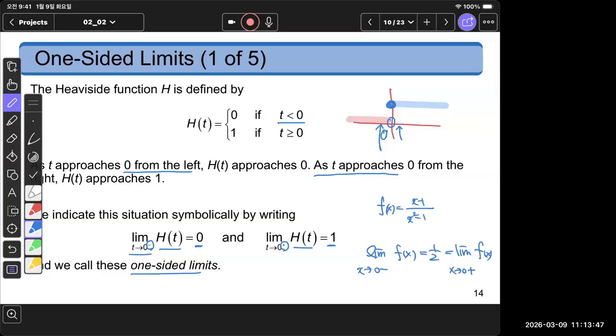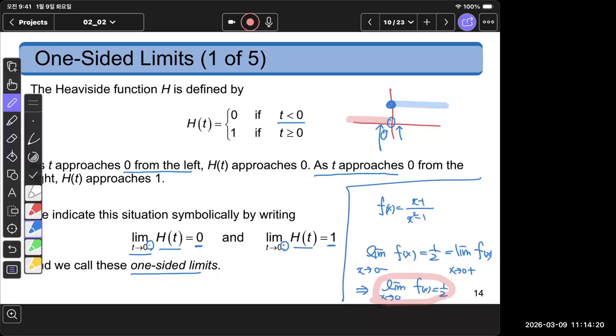So we simply used the limit of f of x as x approaches 0 is 1/2. That's how we described the situation. So when these one-sided limits are the same, we can use this simple expression: limit of f of x as x approaches 0 is 1/2.